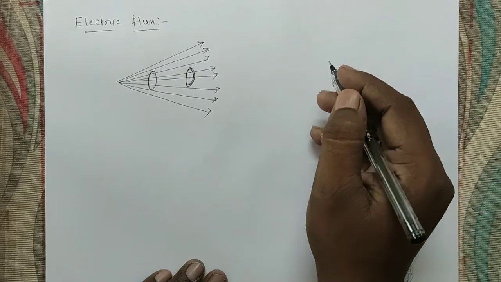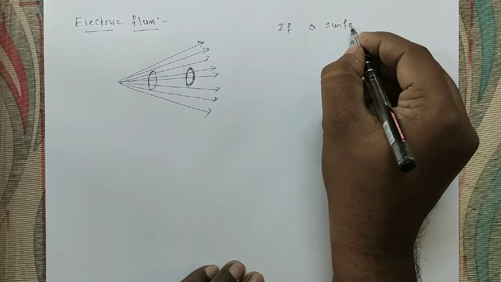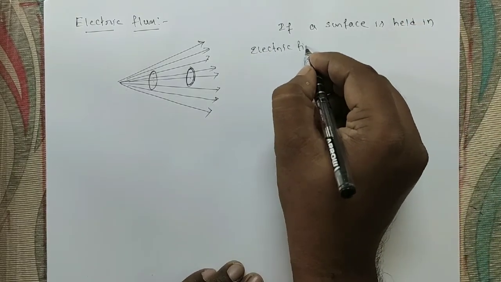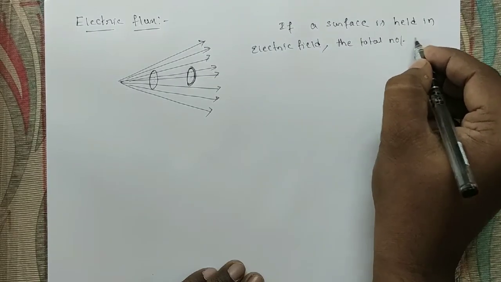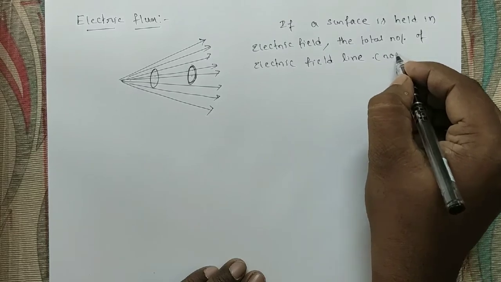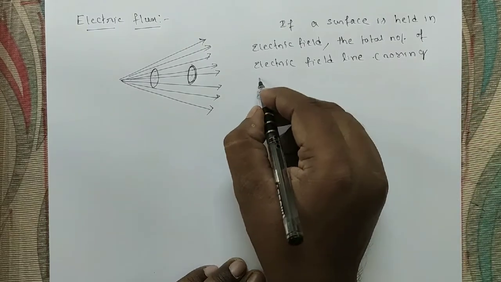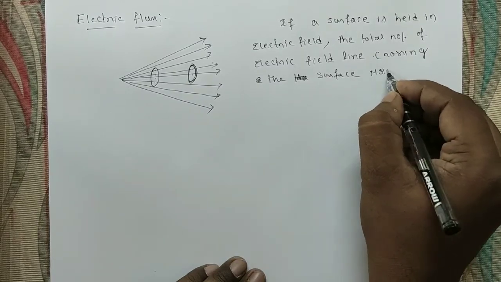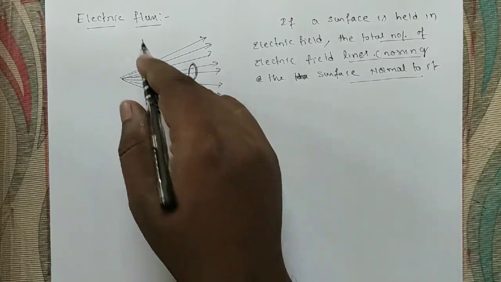You can say: if a surface is held in an electric field, the total number of electric field lines crossing the surface in a direction normal to it is called the electric flux.